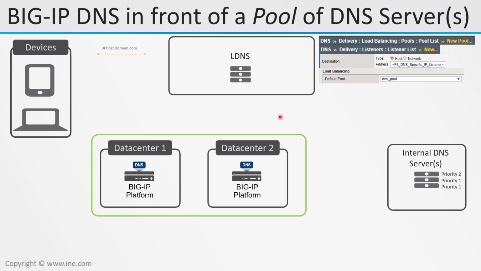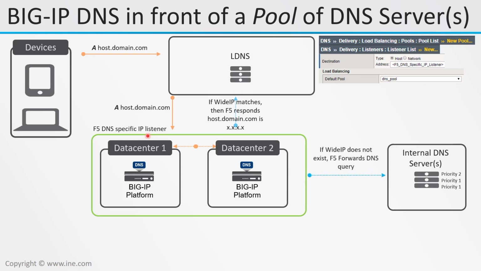All right, so let's take a look at a normal A record request, from the LDNS to the specific IP listener, and if it matches the request, it responds back with the IP. If the wide IP does not match the request, then it forwards the DNS query to the internal DNS server.